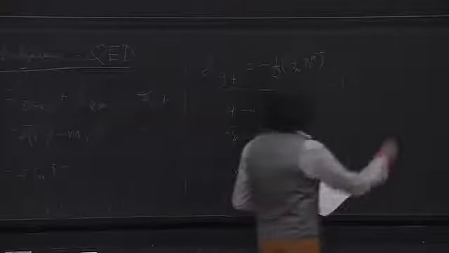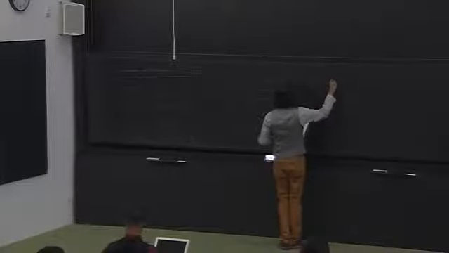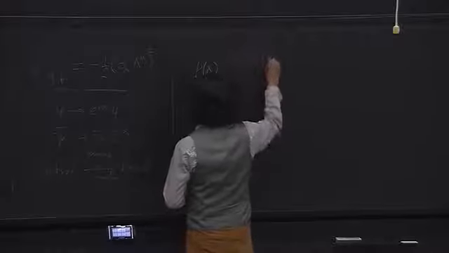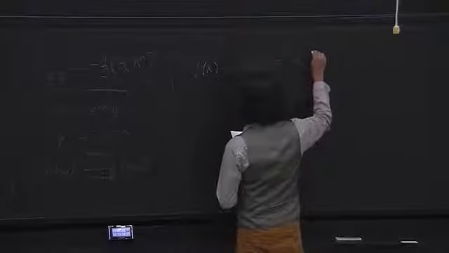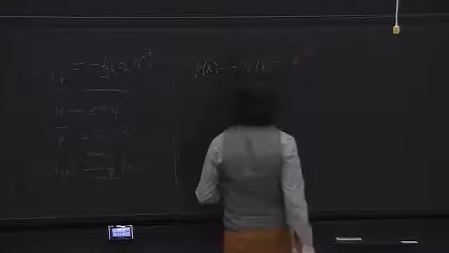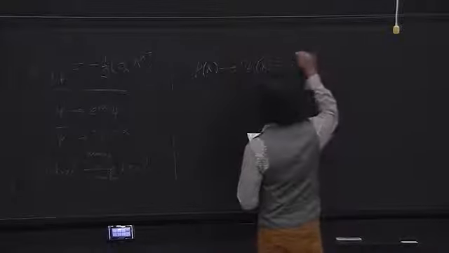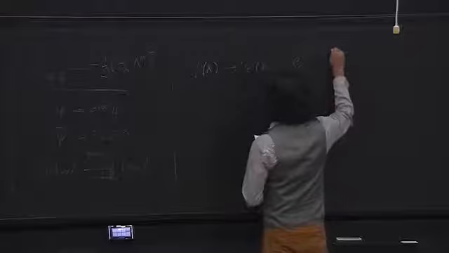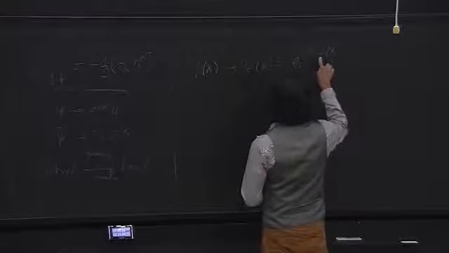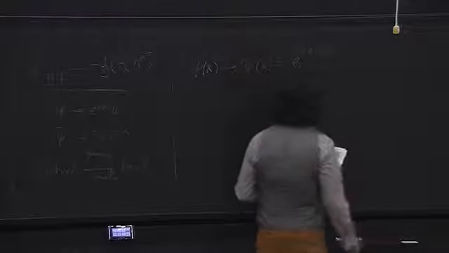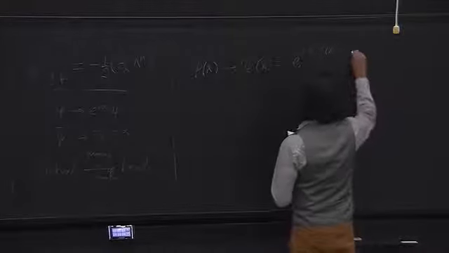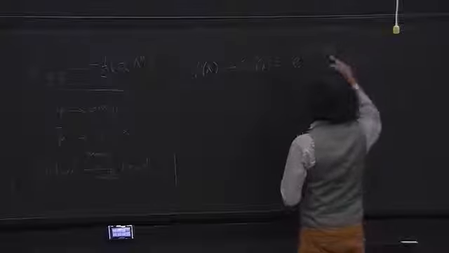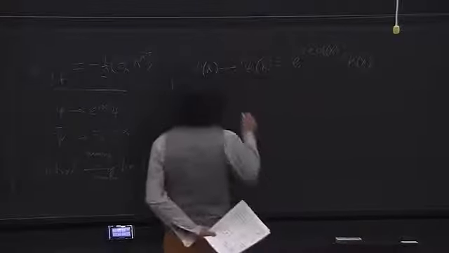And when you do that, what you do is you take psi of x and you replace it by a new psi prime, which is, now I'm going to introduce a constant here, e, for convenience. And now instead of the parameter of transformation being a global parameter that is independent of space-time point, I'm allowing it to be a local parameter.